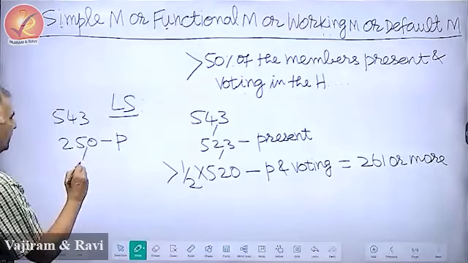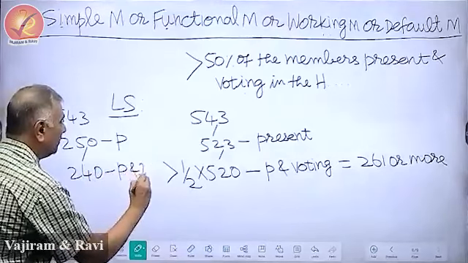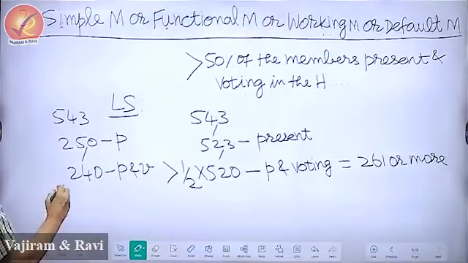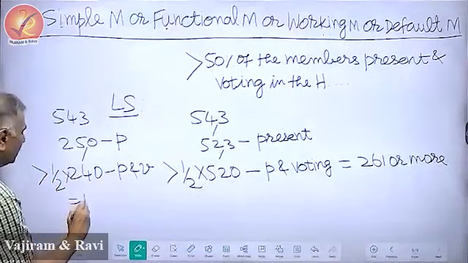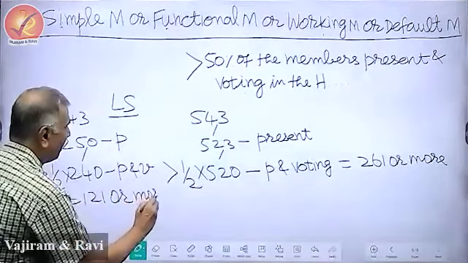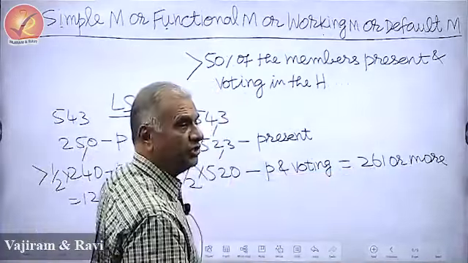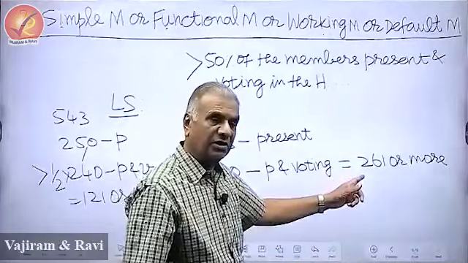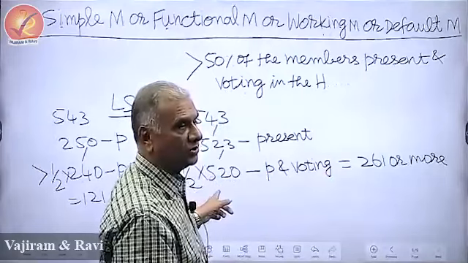And out of this, let us say 240 members actually participate in voting. So in this case, simple majority means 121 or more. Therefore, the simple majority figures keep changing. They are not constant. They are variable depending upon the members who are present in the house.